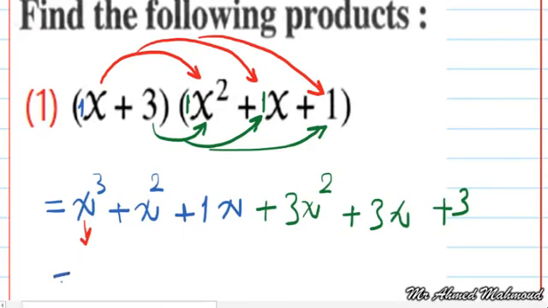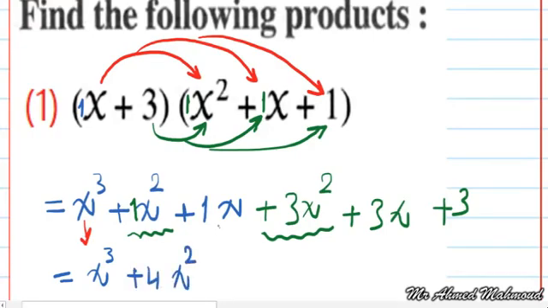It will be like this, x to the power of 3, and we have here 1x to the power of 2 and positive 3x to the power of 2. 1 plus 3 equals positive 4x to the power of 2.